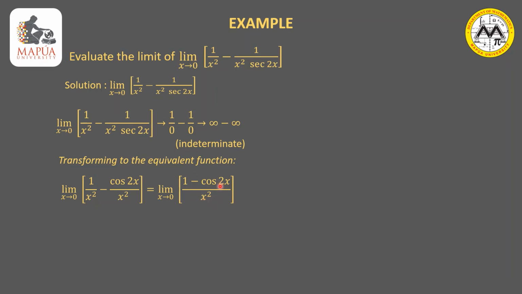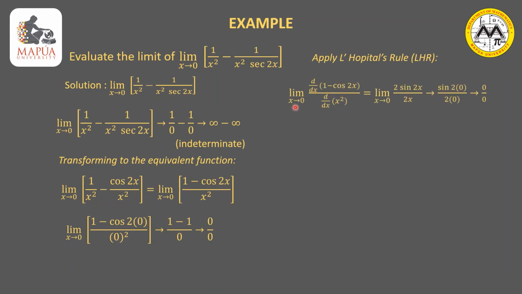Now, trying to evaluate the limit as x approaches 0, the limit would be of the 0 divided by 0 form. Because this is now of the 0 over 0 form, we can make use of L'Hopital's rule to evaluate the limit. So we have the limit of the derivative of 1 minus cosine of 2x divided by the derivative of x squared, as x approaches 0.